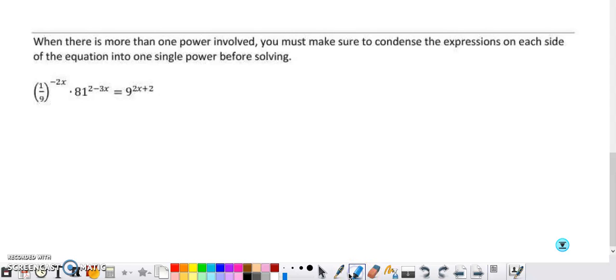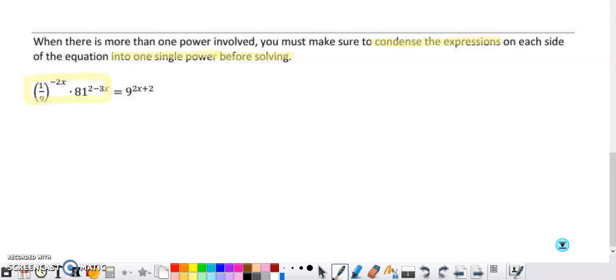So if you read the directions, this says when there is more than 1 power involved on one side of the equal sign, make sure you condense the expressions on each side into one single power before solving. So what we're going to have to do is call upon what we learned last lesson, and we're going to have to condense or put together these 2 exponents on the left.